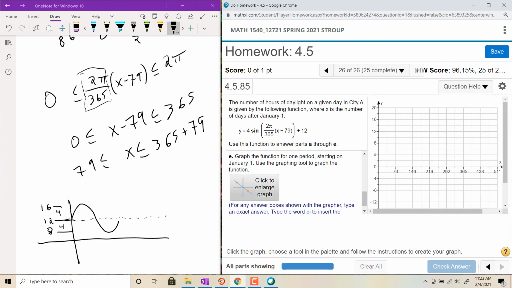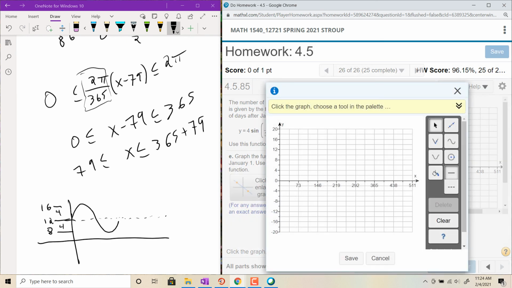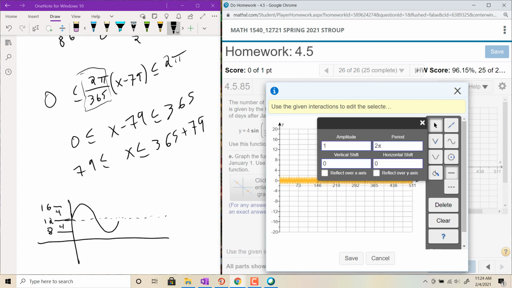Fantastic. And then they're forcing you to graph the thing, which is a sine function. I guess it's starting at 12. So a horizontal shift of 12. No, sorry, the vertical shift is 12. The horizontal shift is 79.